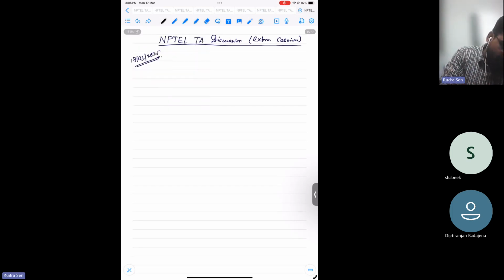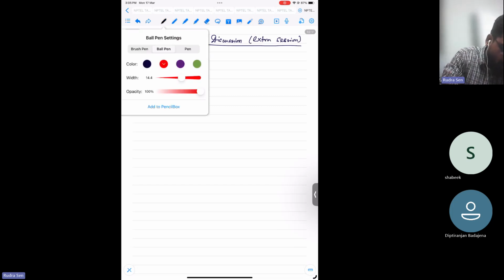I know you all have a proper idea about what a row echelon form is, but since this is an extra session, I'll start with this example. There's nothing new about this example for you if you have already studied this topic.